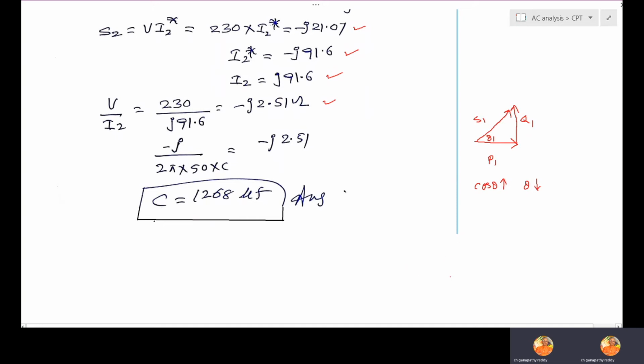By increasing P also you can decrease. So P2 greater than P1 and Q2 equal to Q1 remains the same. Now what happens? S2 greater than S1 and theta 2 less than theta 1. So the angle decreased, power factor is improved.